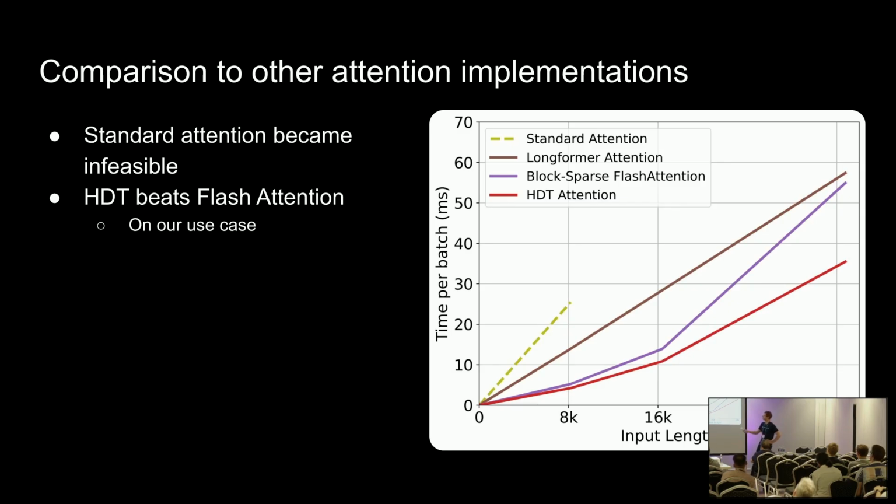On this graph, we have the length of input, which is how many tokens go in, and the time per batch, so how long it took us to compute, let's say, 16 of the documents. And we are the lowest line here, which means we are fastest.